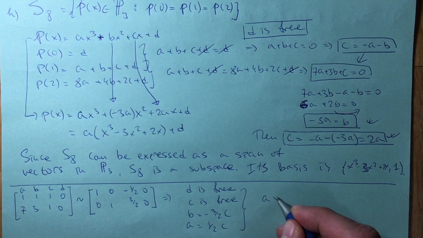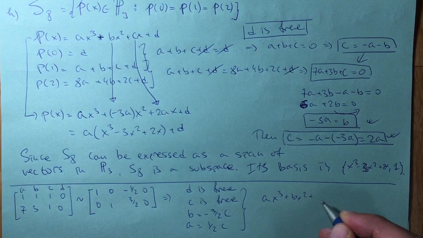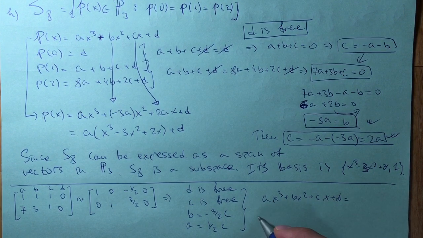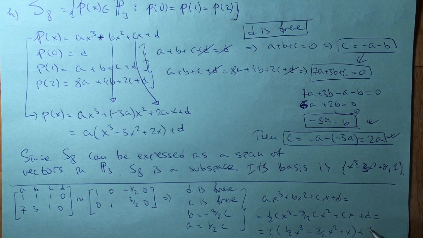So from here, if I express ax cubed plus bx squared plus cx plus d, I will get 1 half c x cubed minus 3 over 2 c x squared plus cx plus d. Factor c here, and you get c times 1 half x cubed minus 3 over 2 x squared plus x, plus d.